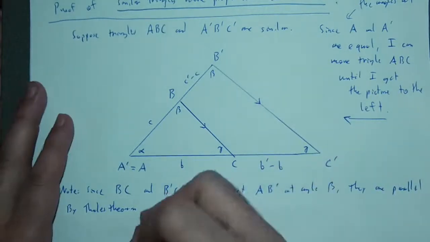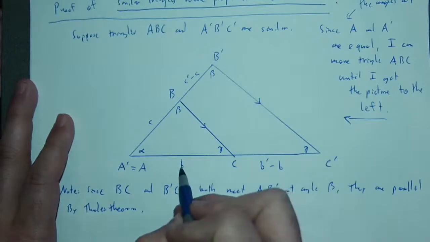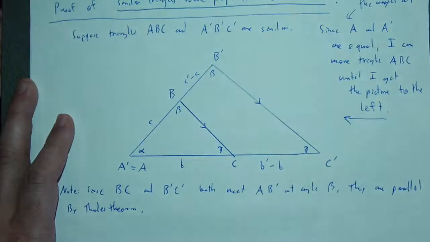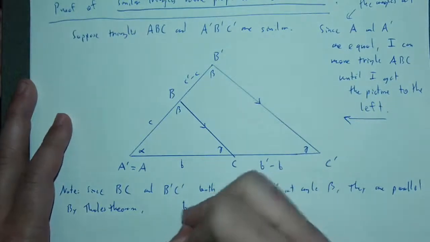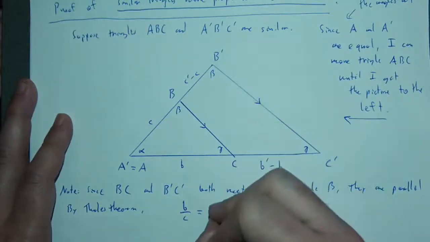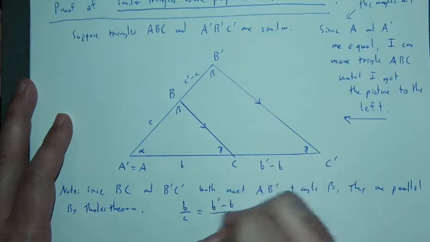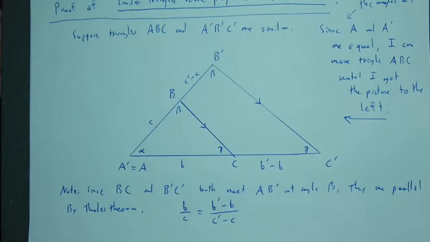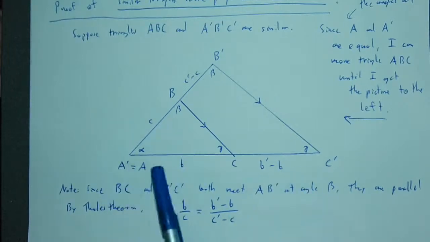So by Thales theorem, this says that B over C is the same thing as B prime minus B over C prime minus C. Now this isn't quite what I want here, okay? What I want is that B over C is the same thing as B prime, this whole length, over C prime, this entire length.